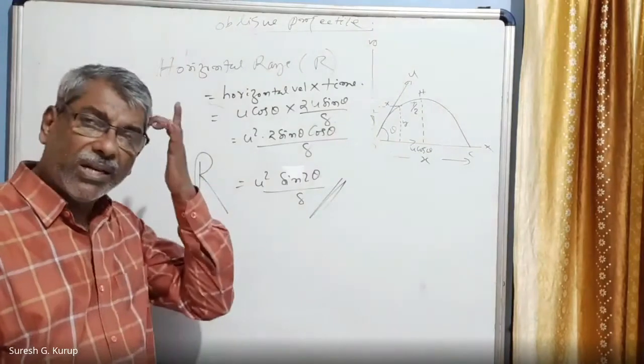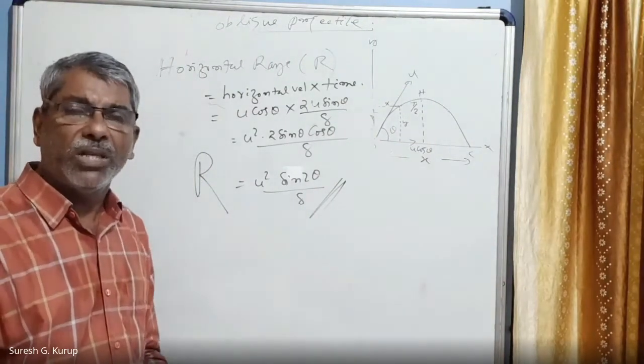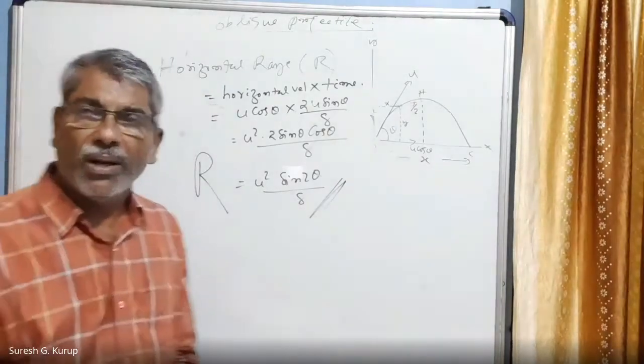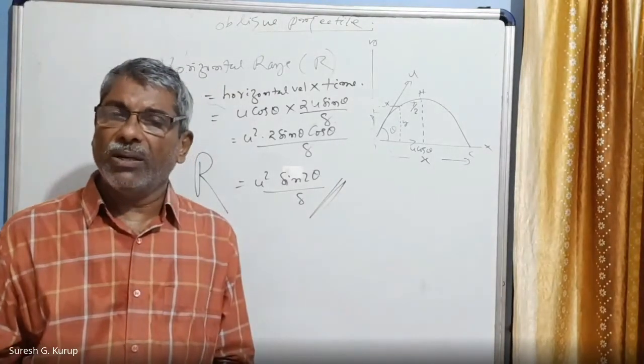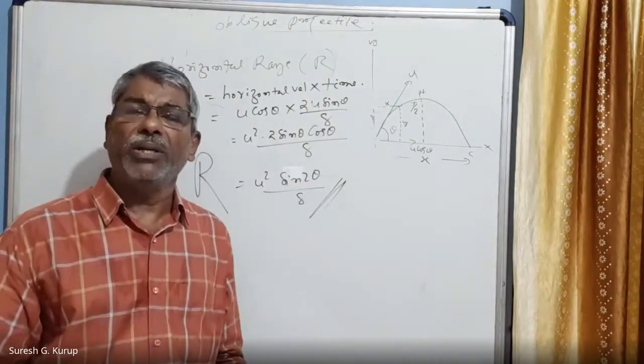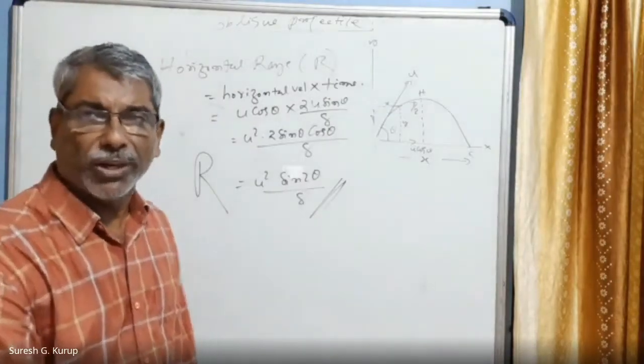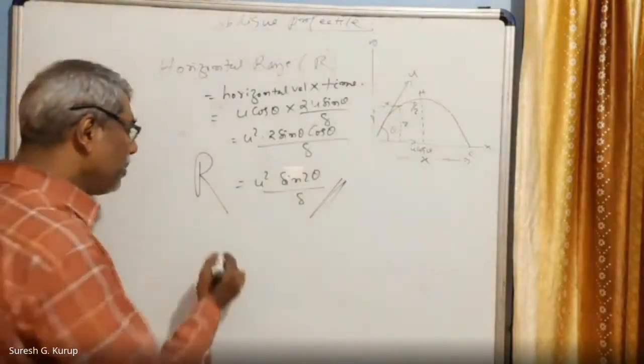Suppose there is a javelin throw. When projected from your hand, the maximum distance it has to travel in the horizontal direction, with what angle you have to project? That's the question, right? That is R max.